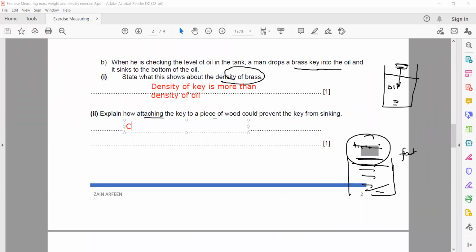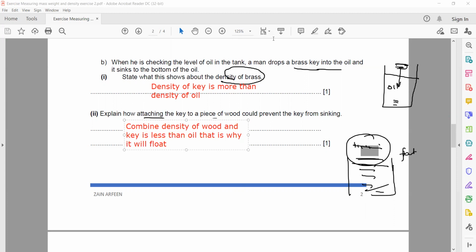Because the combined density of wood and key is less than the density of oil. That is why it will float.